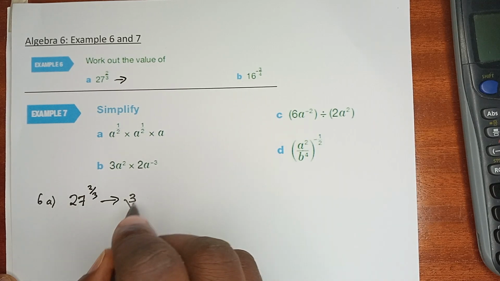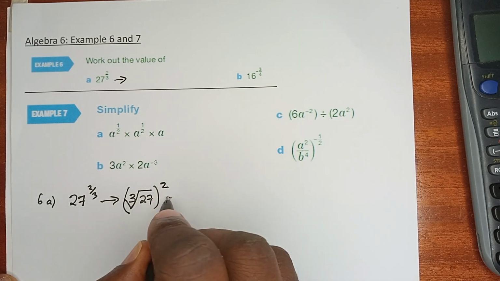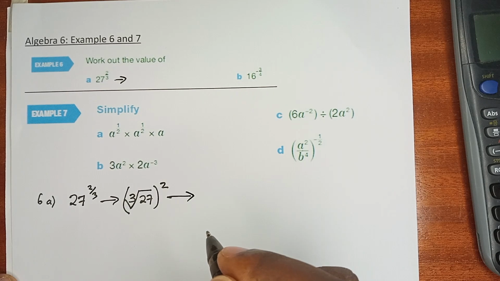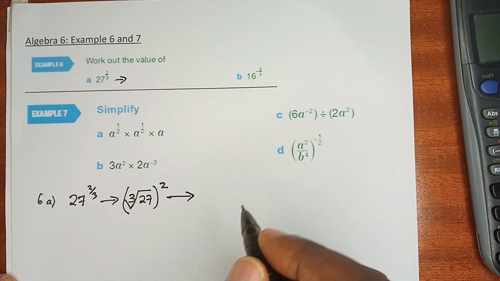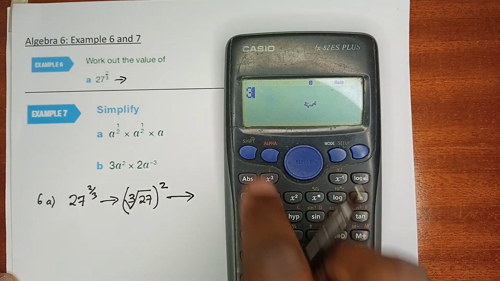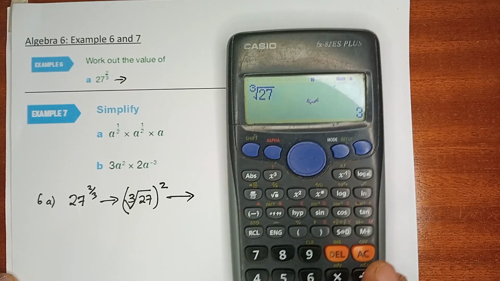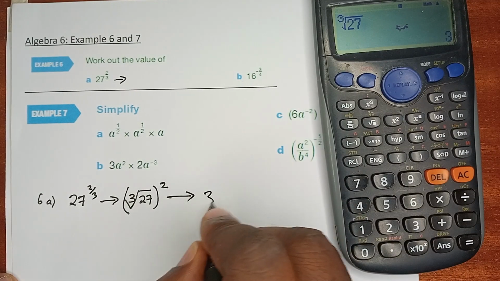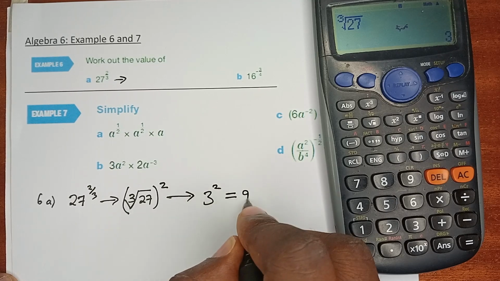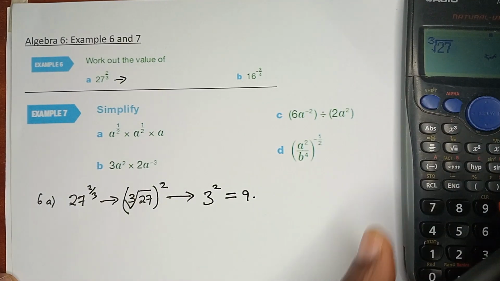So the cube root of 27 and everything squared, according to a certain law of indices. The cube root of 27 is obviously 3. So 3 squared is 9. And that is the answer to example 6, part A.